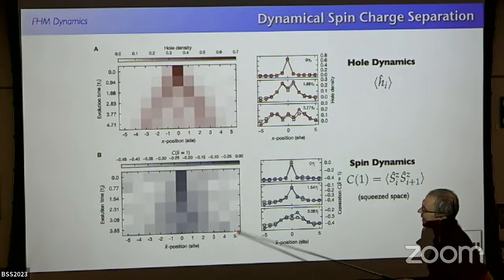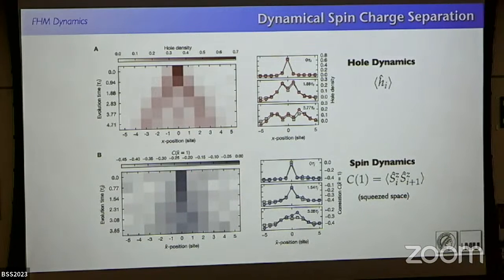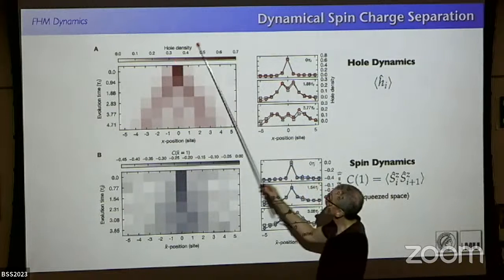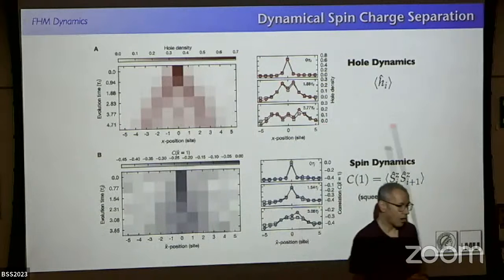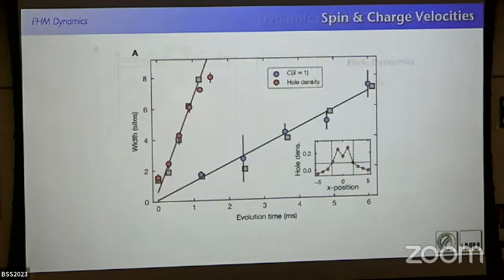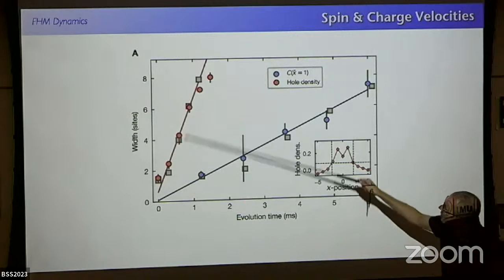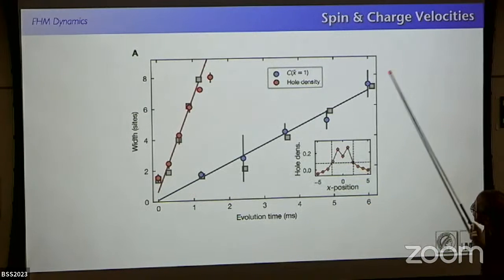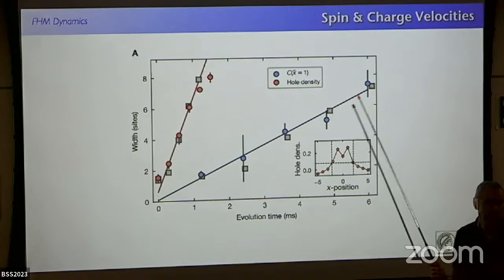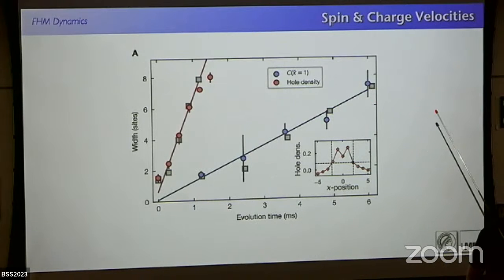You can also see that the spinon is spreading out. From the cones that you have in both cases, we can see how fast they spread, and we can determine their propagation velocities. You can see that the holon spreads much faster than the spinon in the system, which reflects the different propagation velocities of the 2 quasi-particle branches for the spinon and the holon, right? Yes.